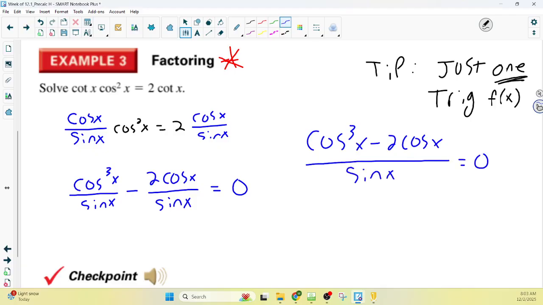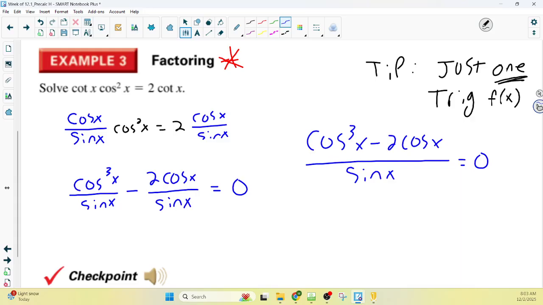equals 0. I'm going to ask you a pretty important question that I need you to try to lock in and understand. What makes a fraction 0? What makes a whole fraction 0? There's some way to simplify this. What makes a fraction 0? When the top is 0?